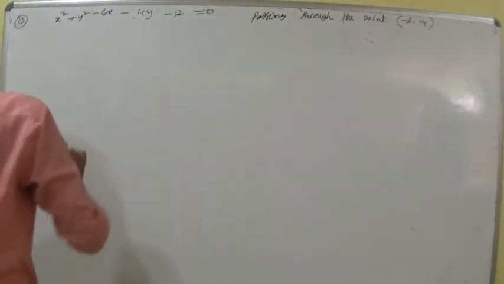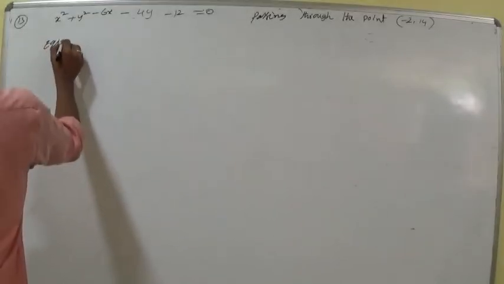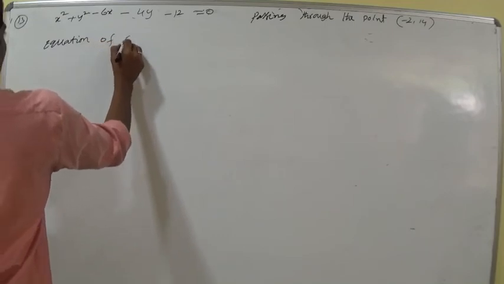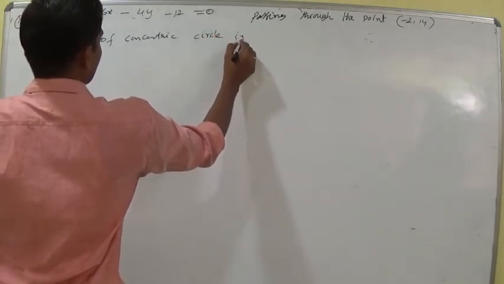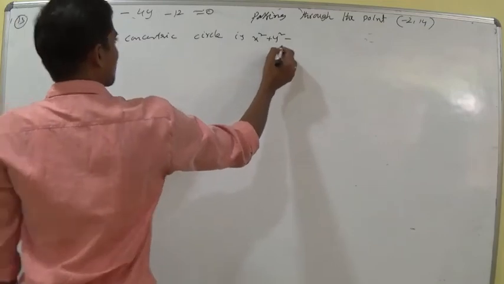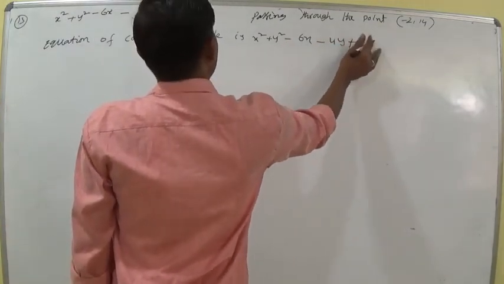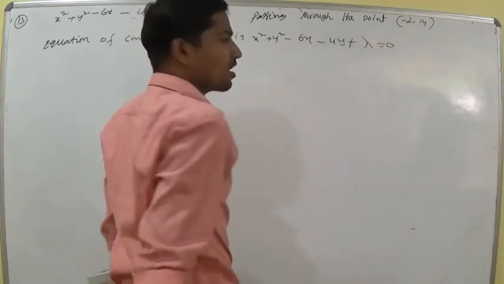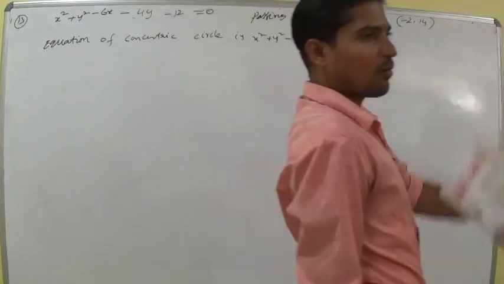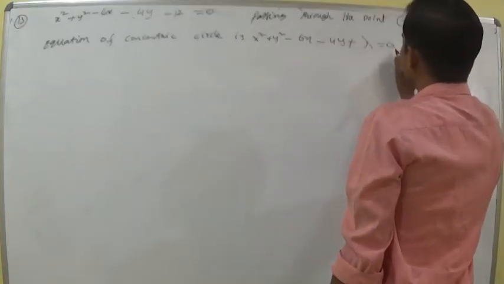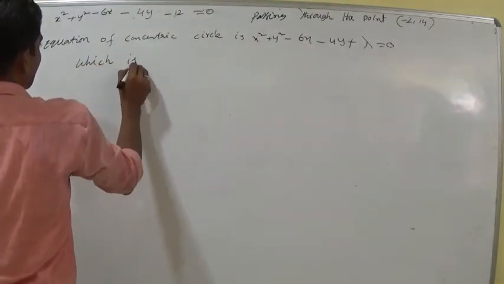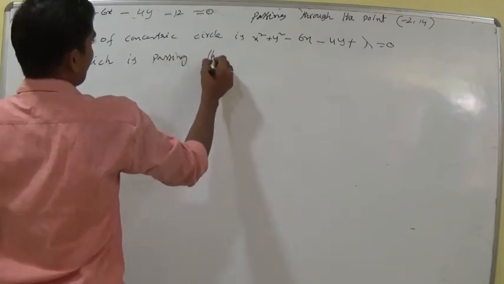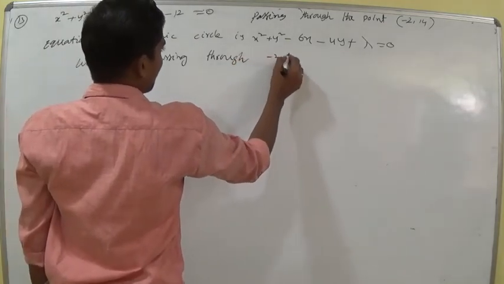Let us suppose the equation of a concentric circle is x square plus y square minus 6x minus 4y plus, suppose any constant lambda, equal to 0, which is passing through the point (-2, 14).